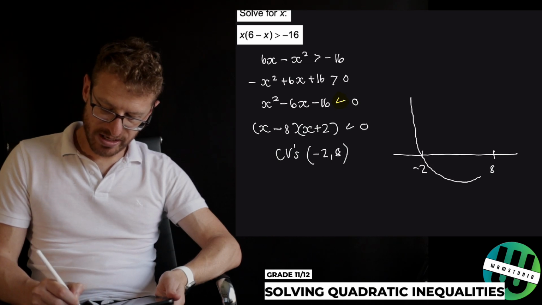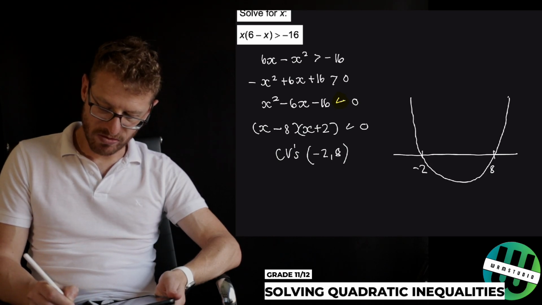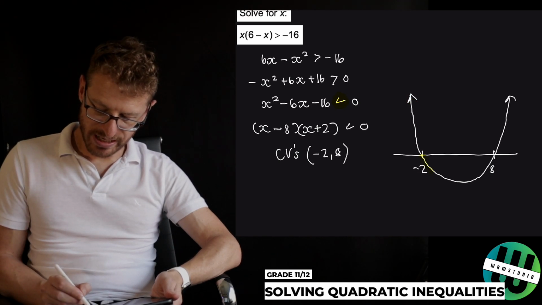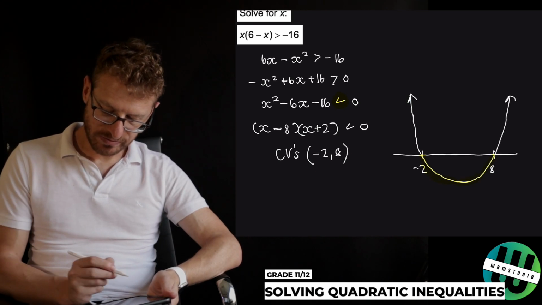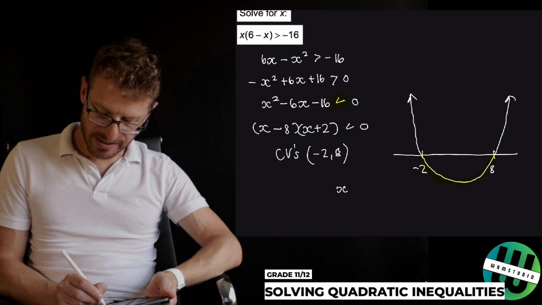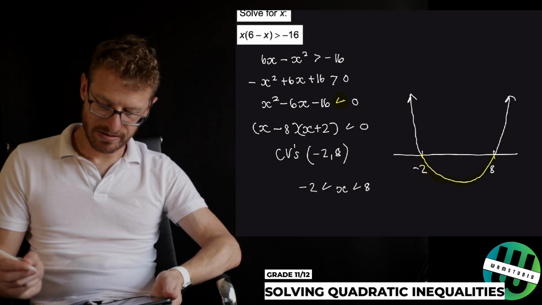It's not a negative in front of the x squared anymore. And now I need to look for values that are less than 0. So it's going to be there. That means that x is going to be less than 8, greater than negative 2.